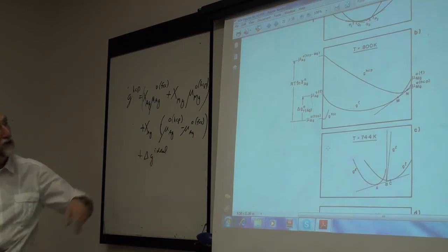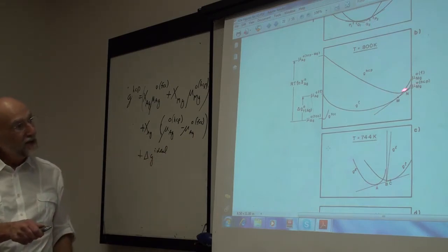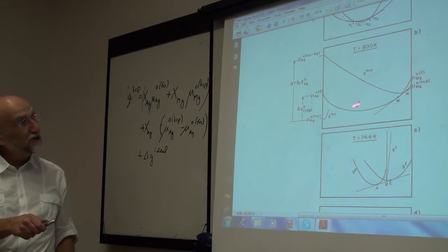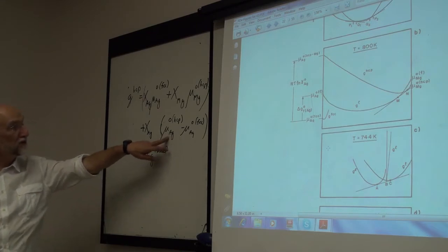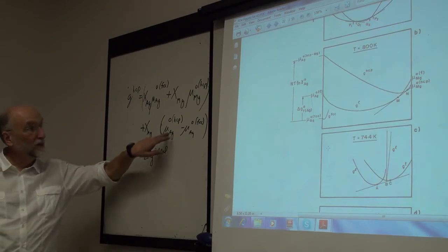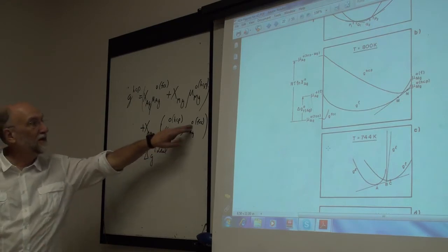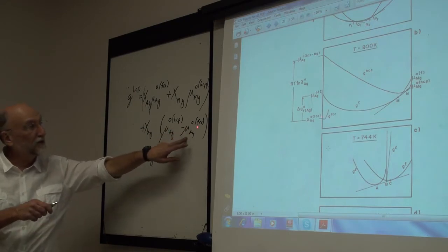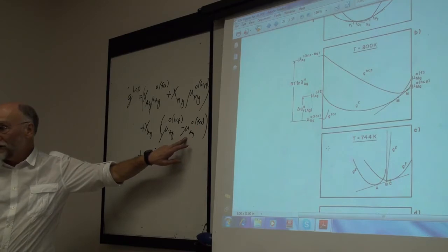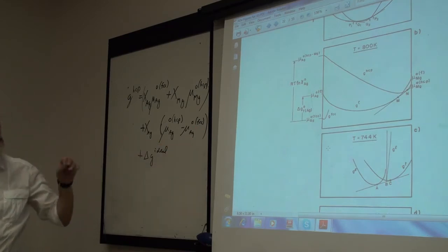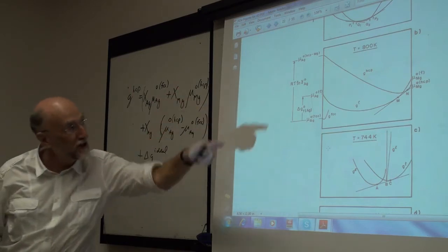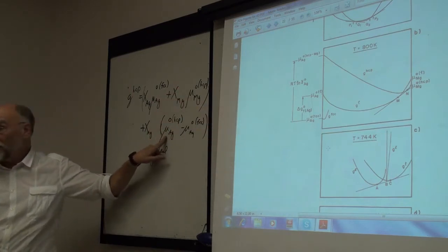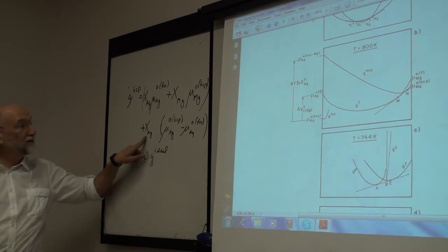See, it's not an ideal solution because it's not the same. The silver does not find itself in an FCC environment, it finds itself in an HCP environment. This difference here is the difference between the energy of a silver in an HCP environment, in which it finds itself in the solution, and the energy of the silver in the FCC environment, which it was in when it was pure silver. So you take one atom of silver, which has this chemical potential, FCC, you put it into the HCP phase, and this is the difference in energy that appears, times the mole fraction of silver.